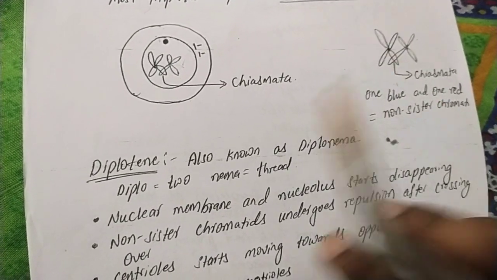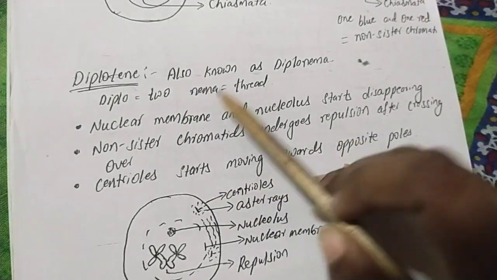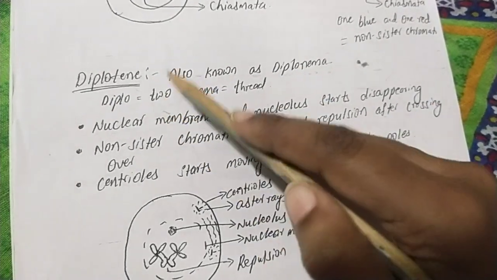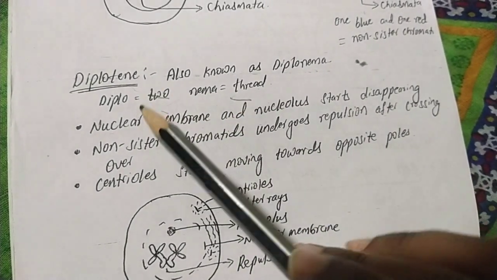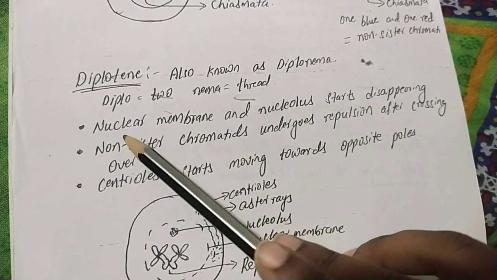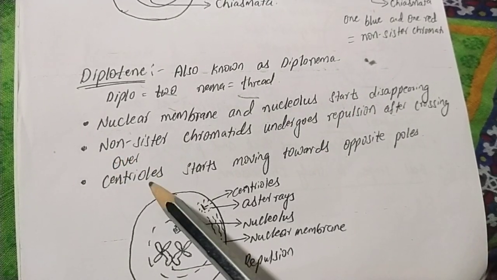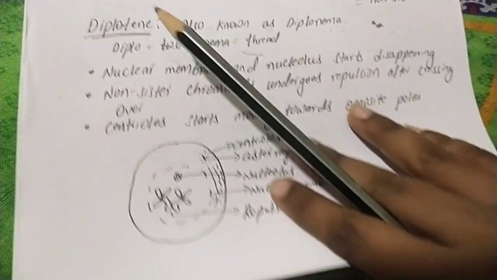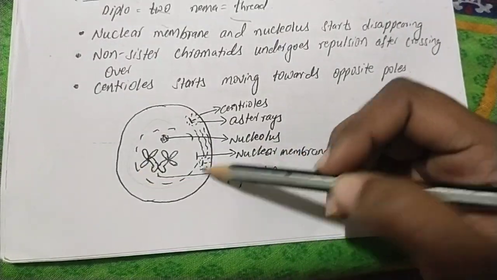Next one is diplotene, also known as diplonema. Diplo means two, and nema means thread, as I said. The nuclear membrane and nucleolus start disappearing here.